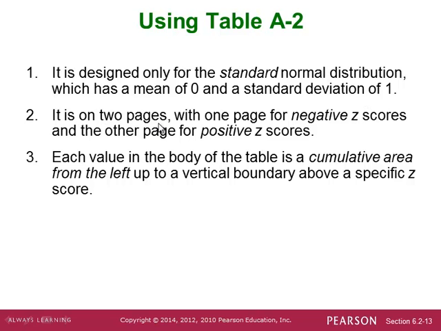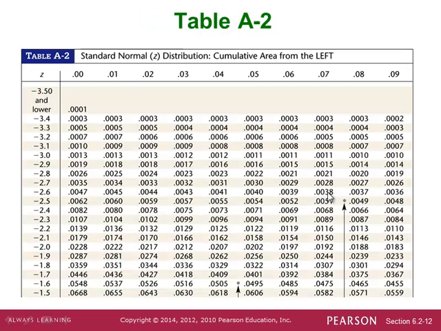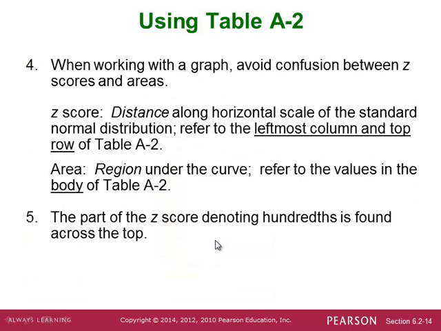The first page usually has the negative z-scores, and the second page has the positive z-scores. And like I have already said, those decimal numbers right here in the main body of the table, and this is just an extract of that table, by the way, these numbers here in the middle are probabilities. These are areas under the curve to the left. I'll show you a picture here in a minute.